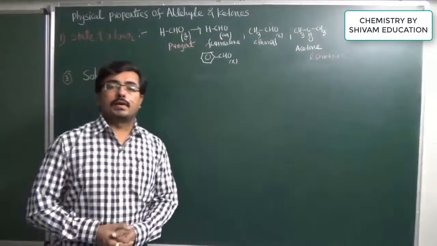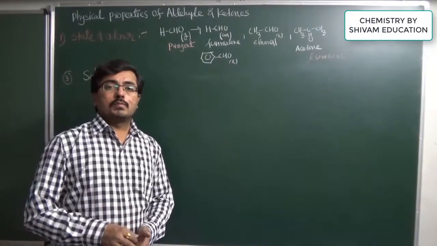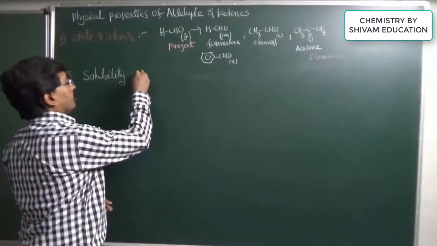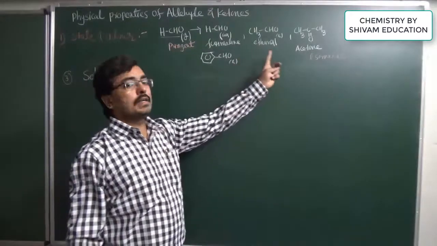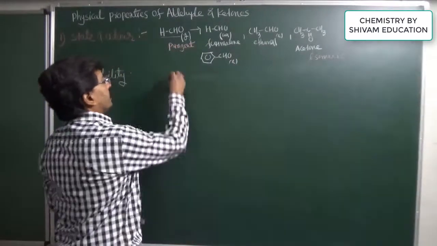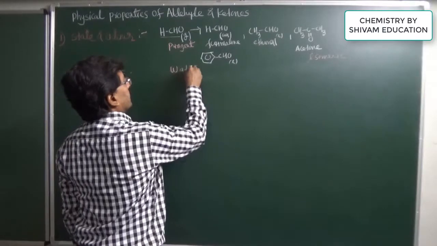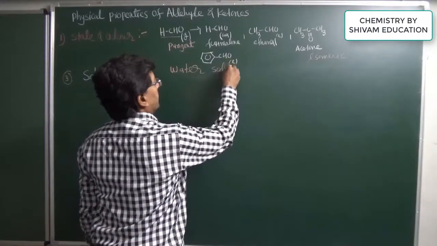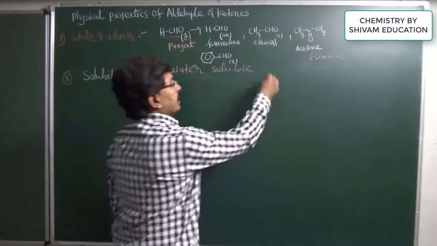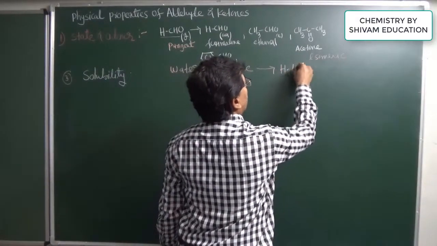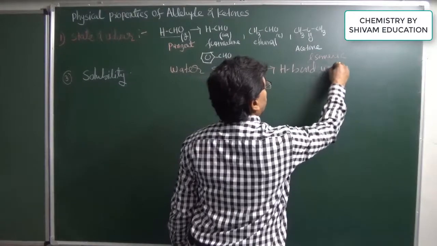Now, solubility of aldehyde and ketone. Lower molecular weight aldehydes, suppose formaldehyde, then acetaldehyde, then acetone, are all water soluble. Then the question should arise in your mind, why are they water soluble? The reason is that they form hydrogen bonds with water molecules.